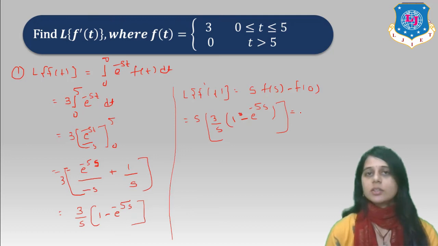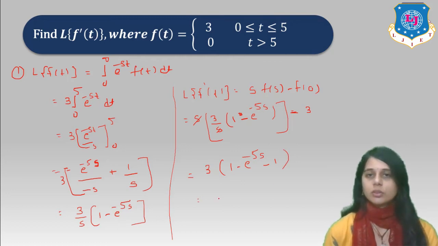If we put t equal to 0 in f of t, we get 3. So 3, 1 minus e raised to minus 5s, minus 3. Answer is minus 3 e raised to minus 5s. Okay.